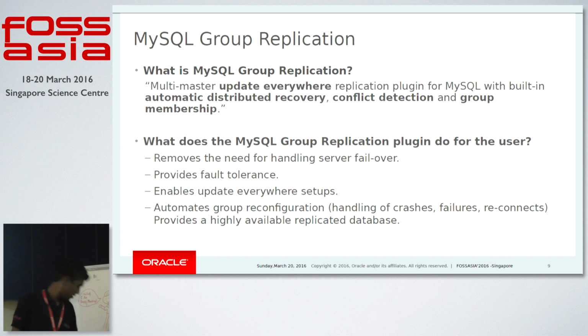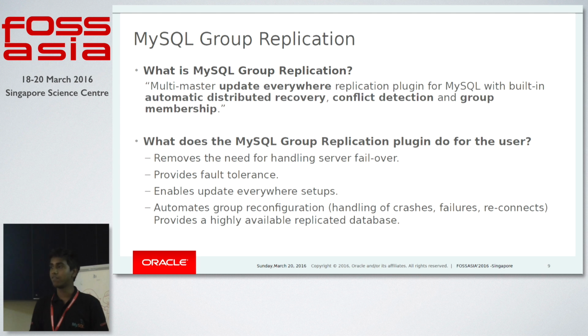So what is group replication? It's a multi-master update everywhere replication plugin that we have, wherein we are supporting automatic distributed recovery so that new members can join in the group without any handling to be done from the user.